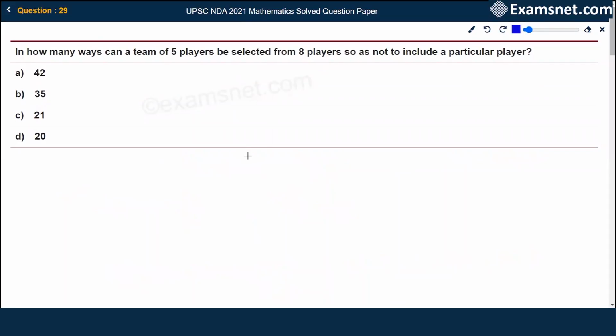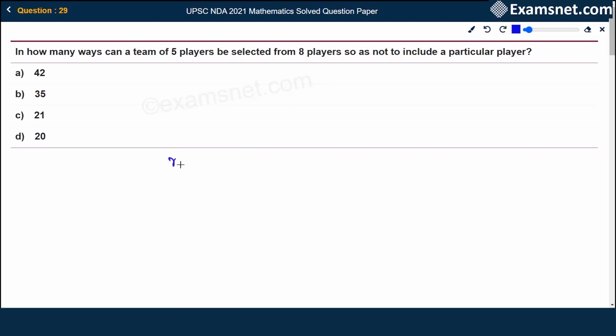In question number 29, it is given that in how many ways can a team of 5 players be selected from 8 players so as not to include a particular player. So in this particular sum, in order to solve this, we are going to use the concept of combination, correct?